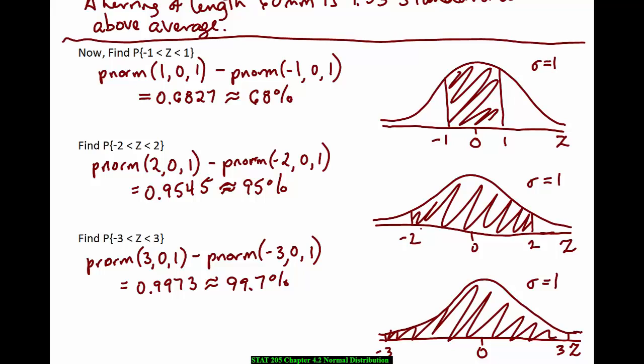Remember, we said the empirical rule worked for unimodal symmetric distributions, and we said that approximately 68% of observations from that distribution will be within 1 standard deviation, 95% within 2, and 99.7% within 3. Well, now I'm showing you that these areas actually came from the normal distribution. All right.